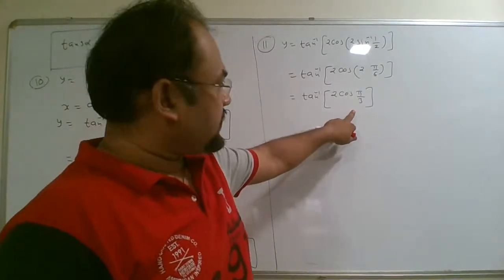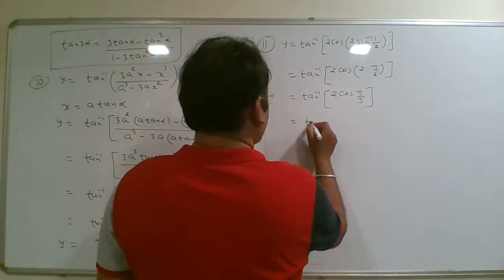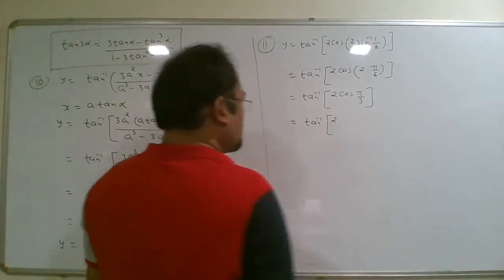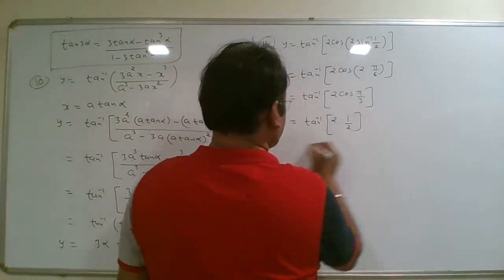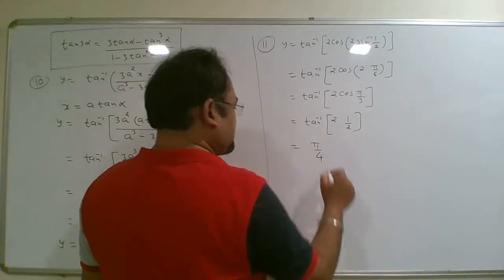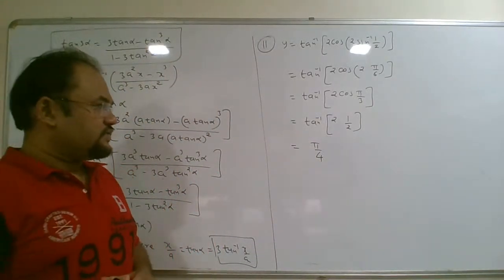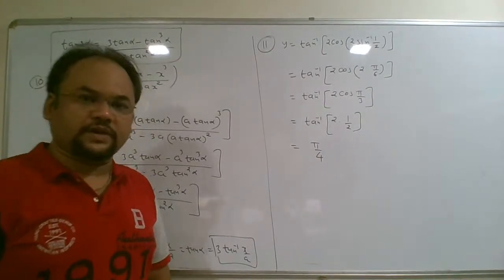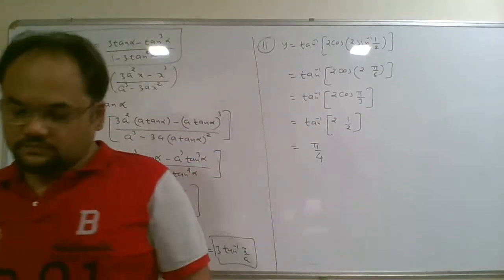Cos 60 is what? Tan inverse of 2 times cos 60 value half, 1 by 2, and 2 into 1 by 2. Tan inverse 1 is pi by 4, 45 degree. So tan inverse 1 is what? Pi by 4. Okay, write down.